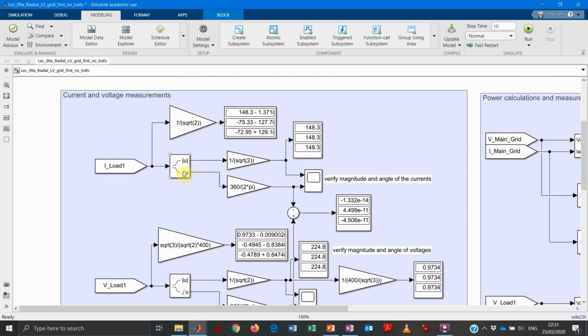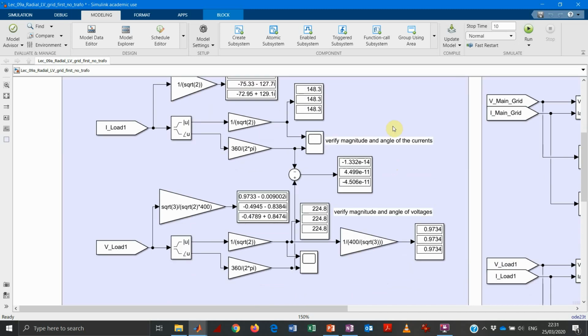Then I can always split this complex number into just the module and the phase. Again, I can get the module of the current, the RMS value. So I need to take the module and divide by square root 2, and then I get that the current is 148.3 ampere on all the phases.